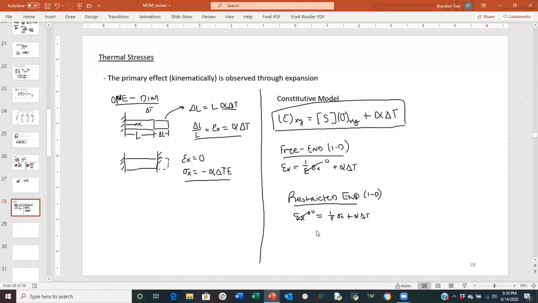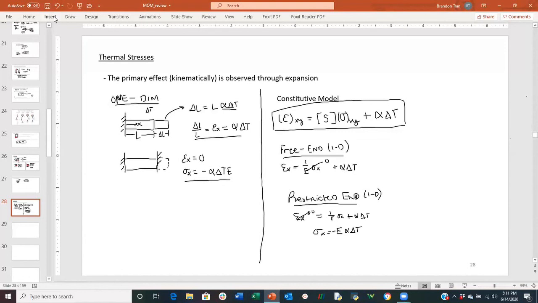So now you just do a little bit of arithmetic, and what you'll get is sigma x equal to negative the Young's modulus times alpha delta T, just like how we got here. So that's essentially all you need to do for thermal stresses. You introduce the thermal coefficient of expansion and change in temperature term into the strain equation to solve for the overall state of the system when thermal stresses are applied.